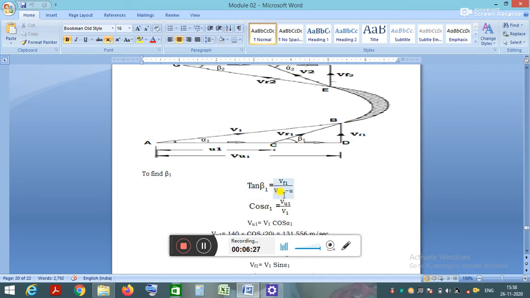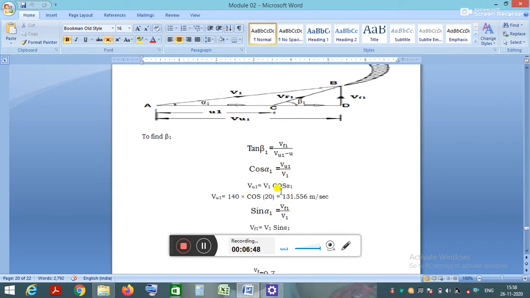To find Vu1 we have the equation cos alpha 1 equals, what is cos alpha? It is adjacent by hypotenuse. Adjacent side is Vu1 by V1. Considering the triangle ABD, V1 is already given. He has also given the value of alpha 1. Therefore we can find Vu1.